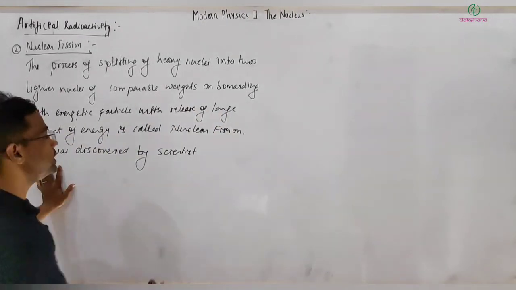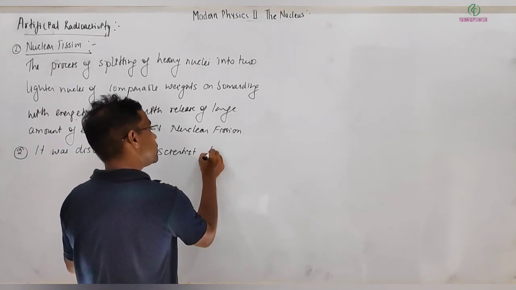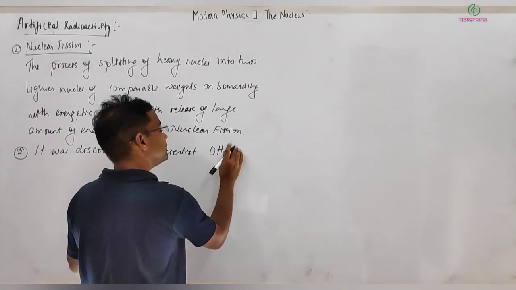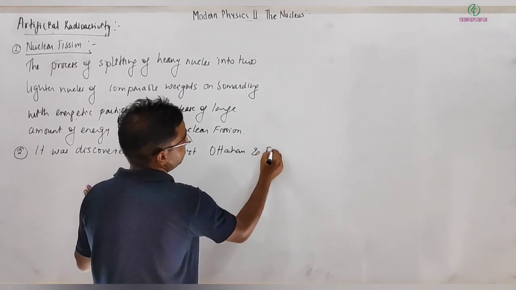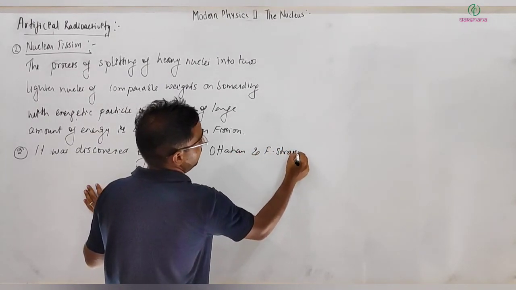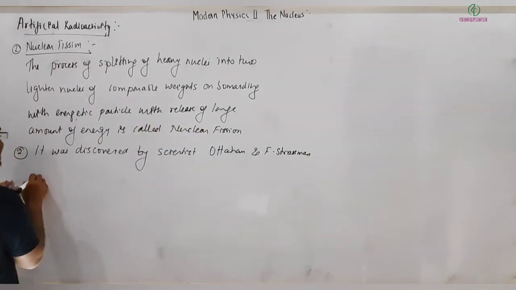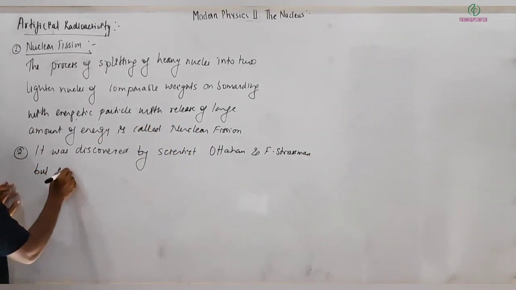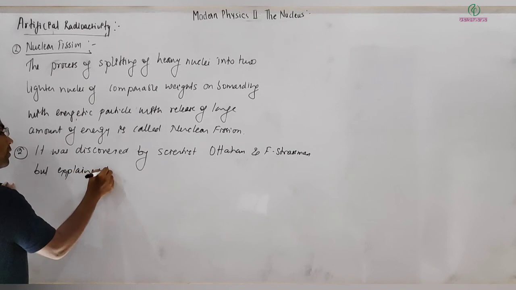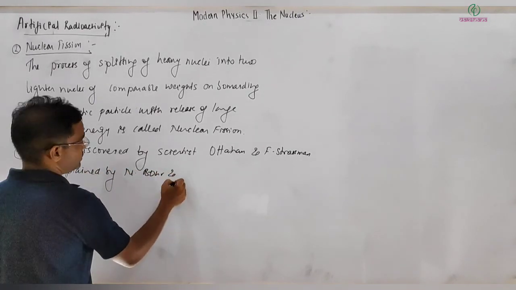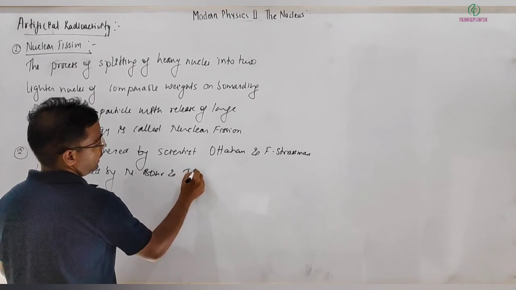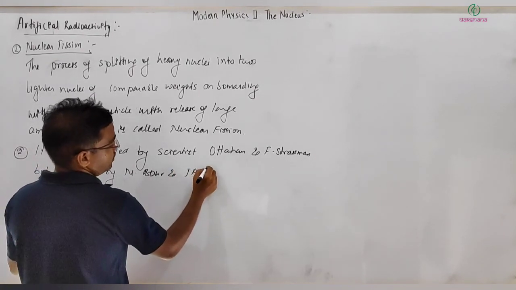It was discovered by the scientists Otto Hahn and F. Strassmann, but explained by Niels Bohr and J.A. Wheeler.